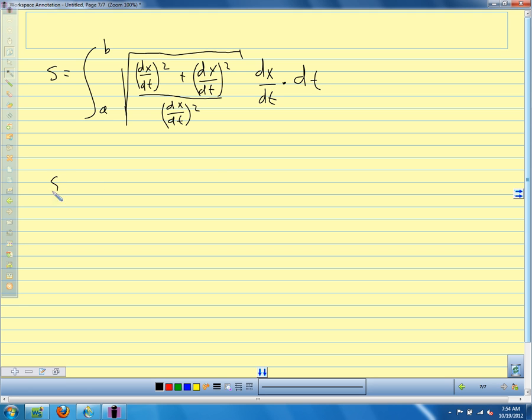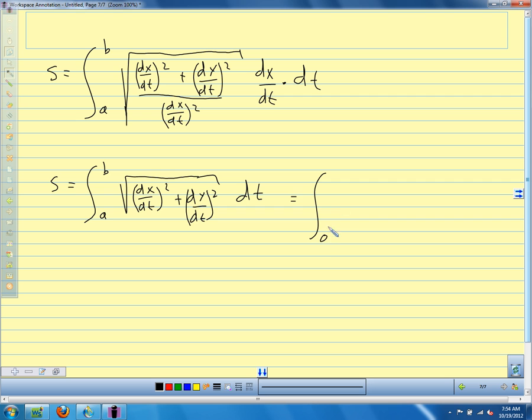So my arc length turns out to be just the square root of dx dt squared plus dy dt squared times dt.